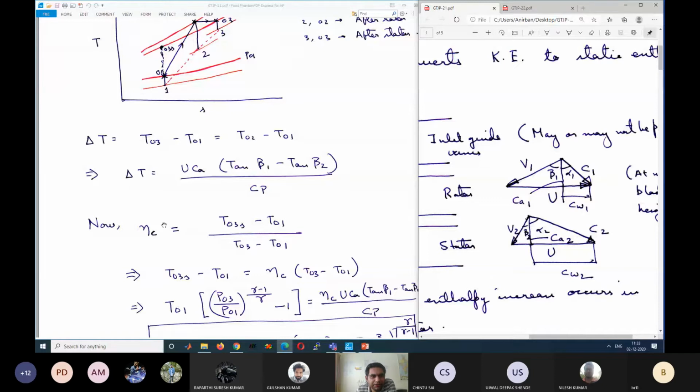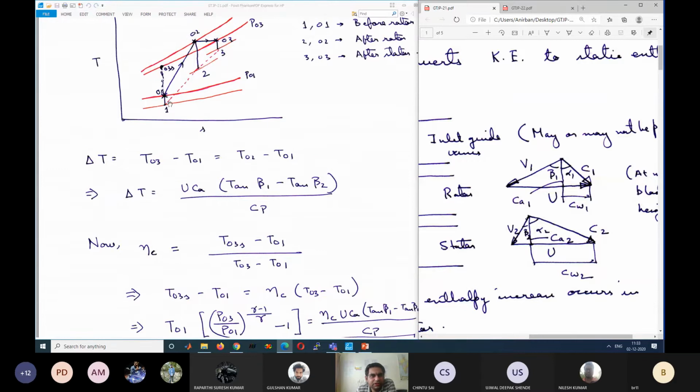Now, if we know the isentropic efficiency of the compressor, it is still defined in the same way for the overall compressor stage. Isentropic efficiency is (T03S minus T01) by (T03 minus T01). If you go from point 01 straight to pressure P03, the temperature there is T03S, and the actual temperature is T03.